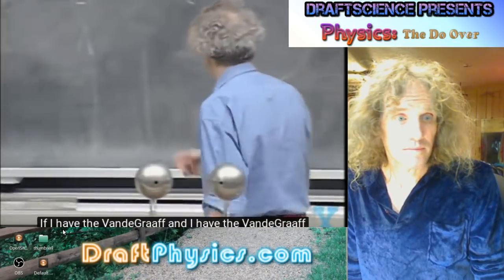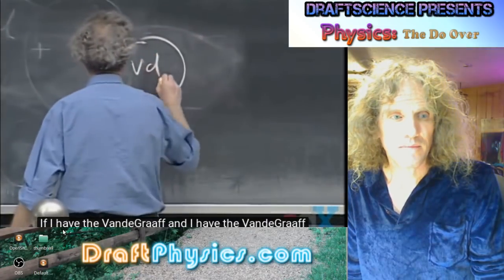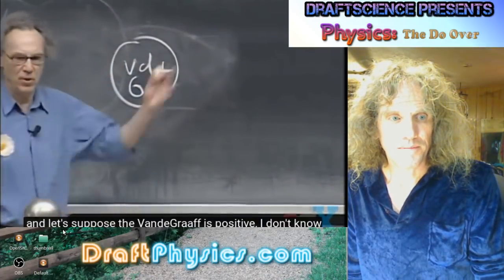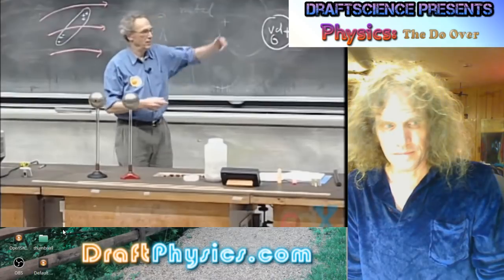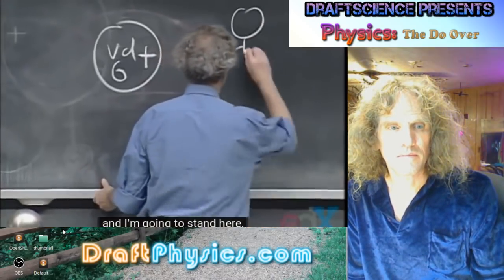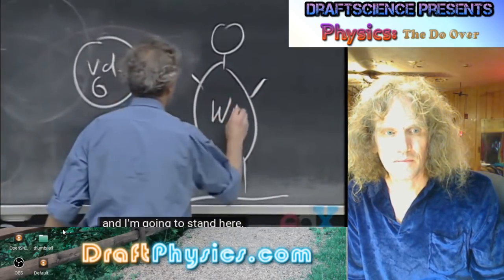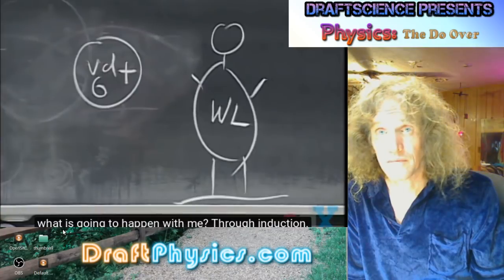If I have the Van de Graaff here, and let's suppose the Van de Graaff is positive. I don't know whether it's positive or negative. Let's suppose, going to use the one over there. And I'm going to stand here on the ground. What is going to happen with me?